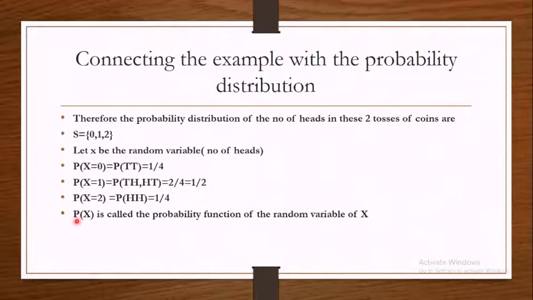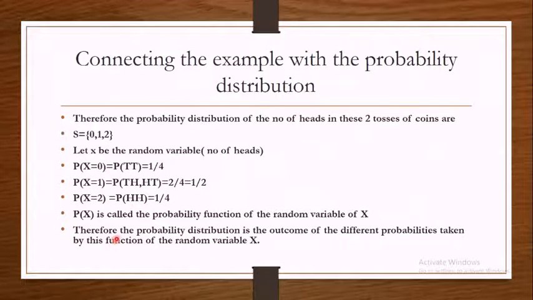Now that you have arrived at what a probability function is, you have to check what is the connection of this probability function with your probability distribution. Therefore, the probability distribution is the outcome, or the result, of different probabilities.